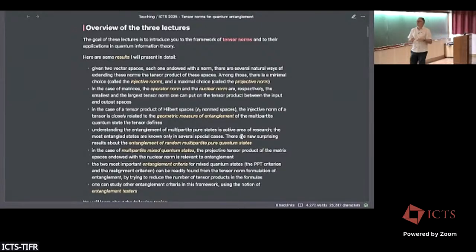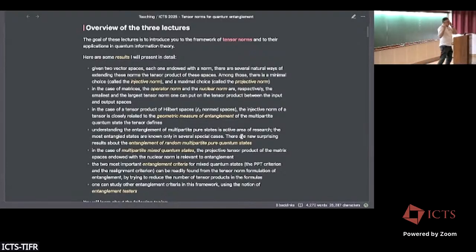Now, if you go to mixed quantum states, to density matrices, again in the multipartite setting, it's not the injective norm, the minimal one, it's the maximal one, the projective norm, which would be relevant for entanglement. Just stating the problem in this way, thinking about entanglement of mixed states in terms of this projective norm, gives you for free two of the most famous entanglement criteria for mixed quantum states, the PPT, the positive partial transpose criterion, and the realignment criterion.